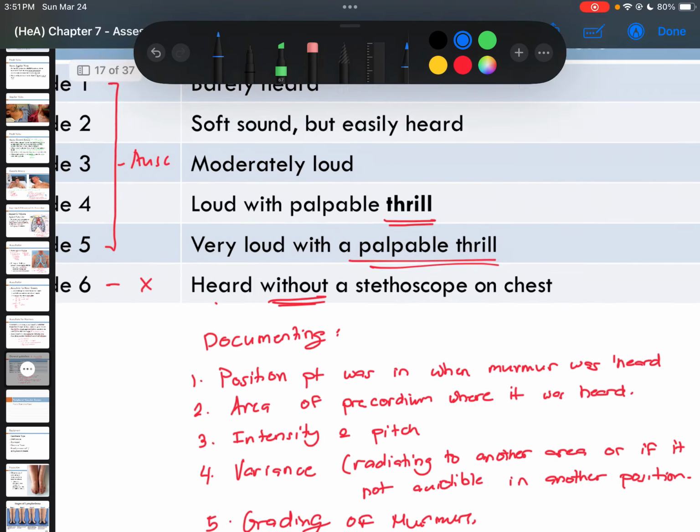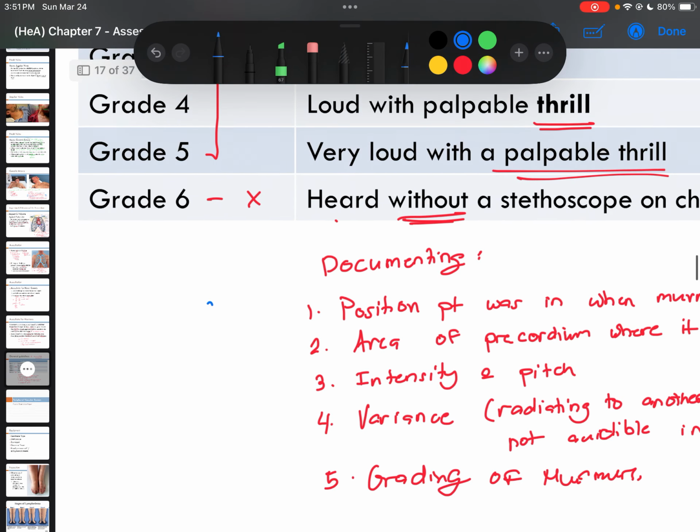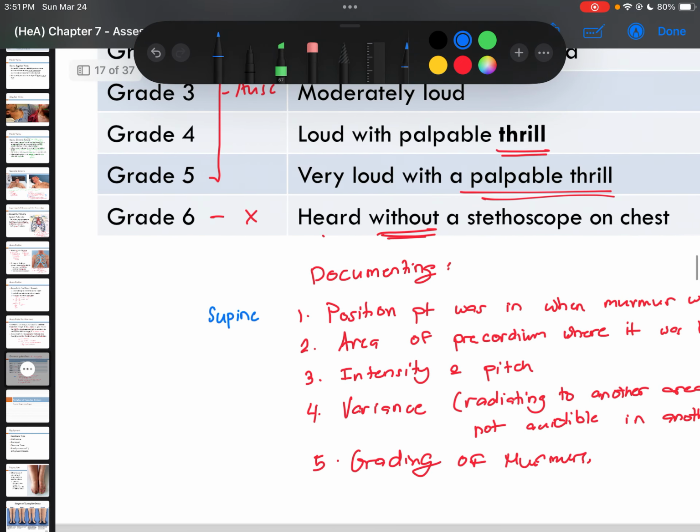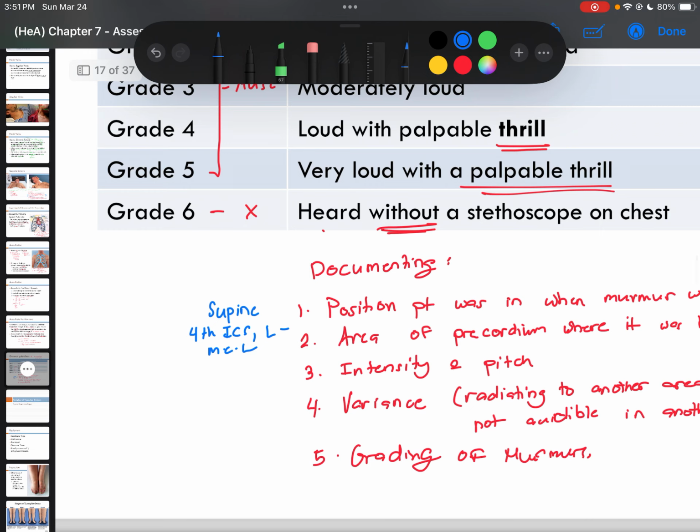So for example, class, when we document it, it's like this. Let's say we heard the murmur when the patient was supine. The area of the precordium, let's say the fourth intercostal space, left mid-clavicular line.